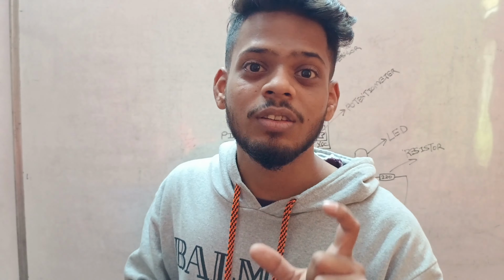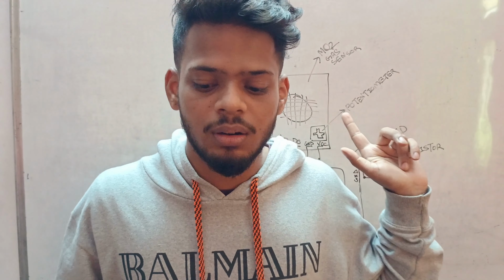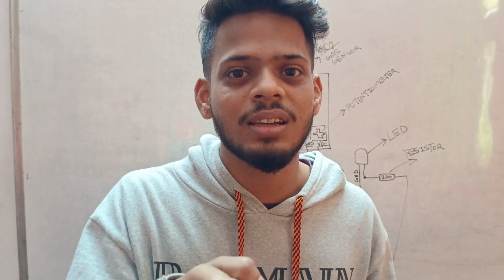Right. So according to my code, the project wasn't working. So I went through Stack Overflow and other sites. Then I found that we have to copy the normal state. What is the normal state? Your MQ2 gas sensor is working normally, like you haven't produced any gas near it. It's a normal state.